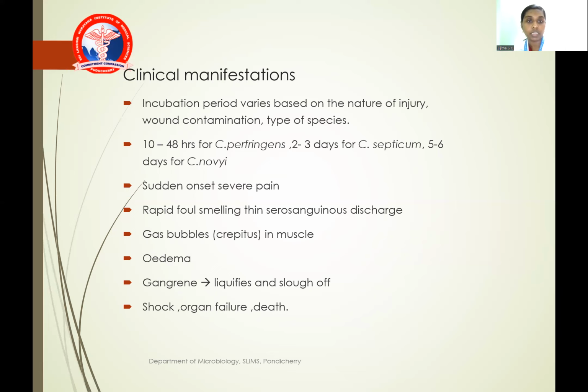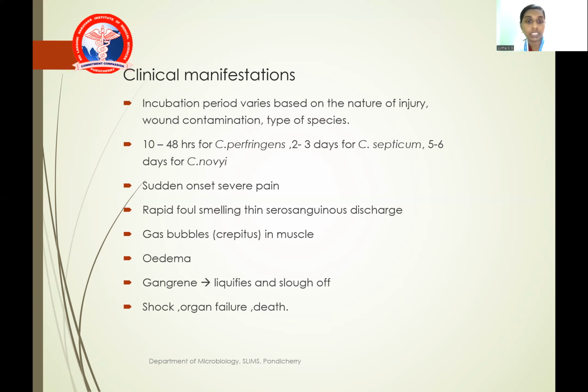The clinical features are a sudden onset of very severe pain at the affected region. There will be a rapid, foul smelling, thin, serosanguinous discharge, that is a blood-stained thin serous discharge mixed with blood.